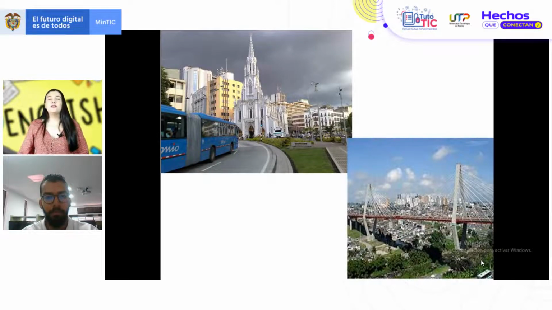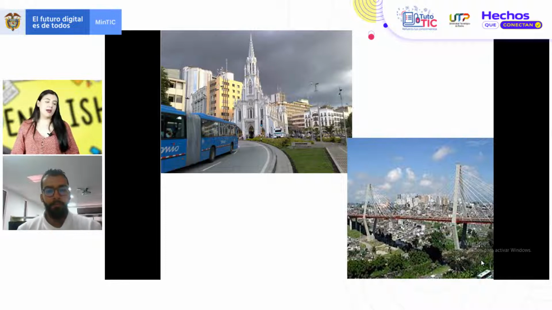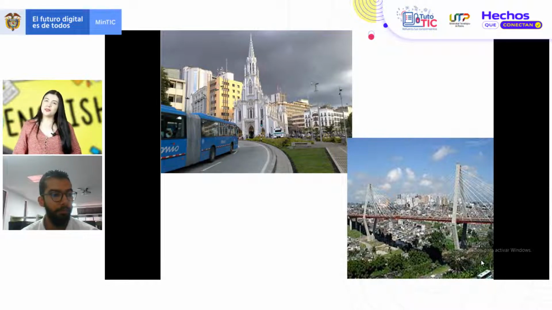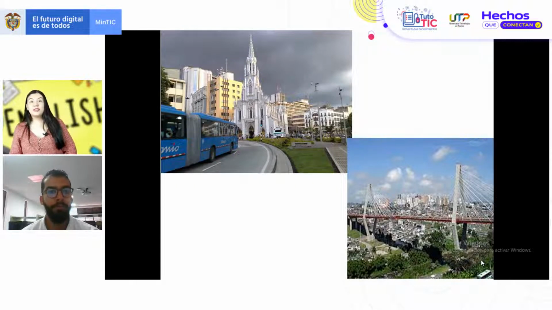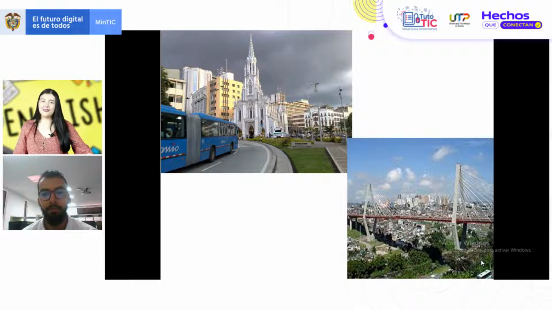So on the left side of this picture, we have a city that is very popular, Cali. Yes, look at the bus. That is the Mio bus. And on the right side, we have Pereira. Look at the viaducto, the big bridge that we have here in Pereira.